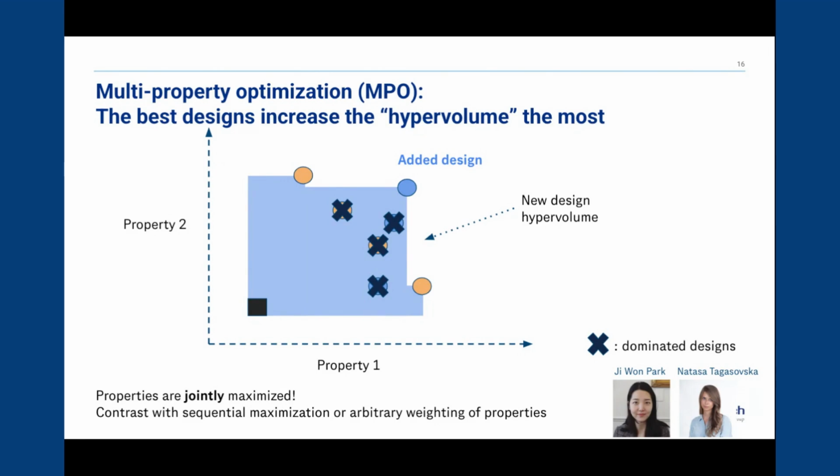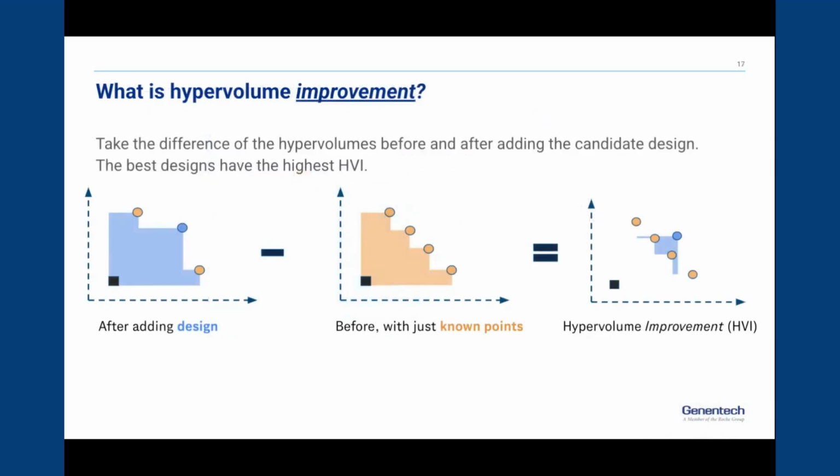The way this is done is, for example, when we are running round 2 of lab in the loop, we might have, let's say, 3 designs, shown here on the left-hand side: 2 orange designs and 1 blue one. So how do we decide which one we want to measure? These 3 designs form the hypervolume shown here in blue.